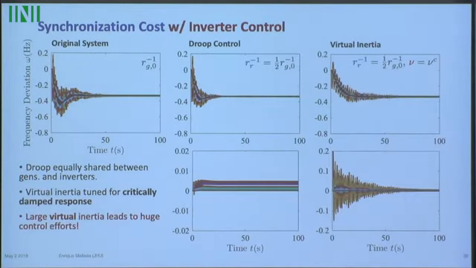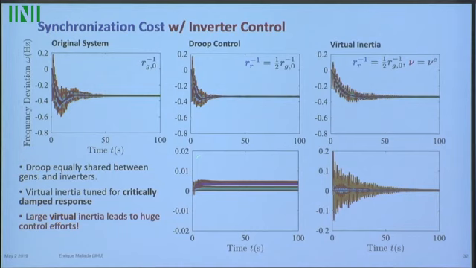What is more interesting is the control effort that you need to implement this Droop control and the virtual inertia. In particular, virtual inertia gives you huge control efforts, and this is again the same thing that we saw with the pendulum. This is essentially the virtual inertia pushing the system to the sides for no particular reason, and we can see it.